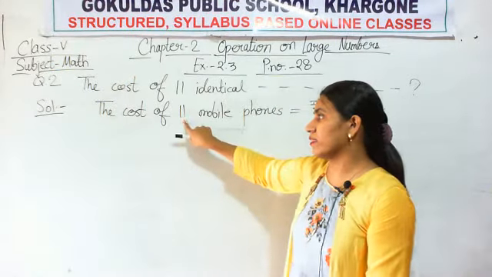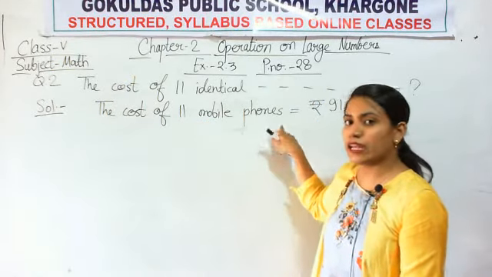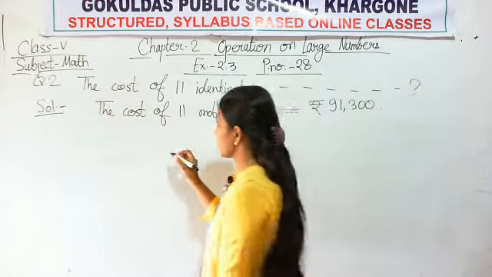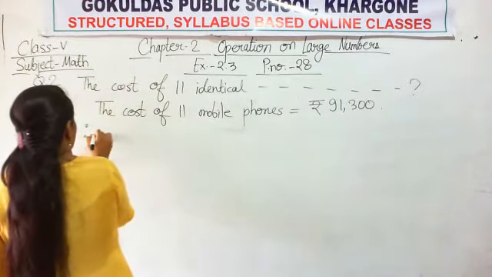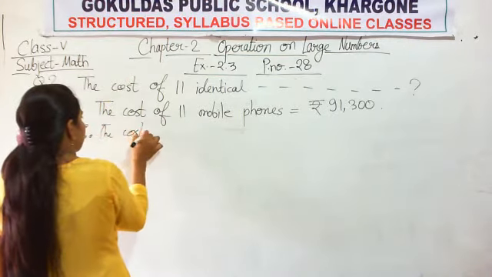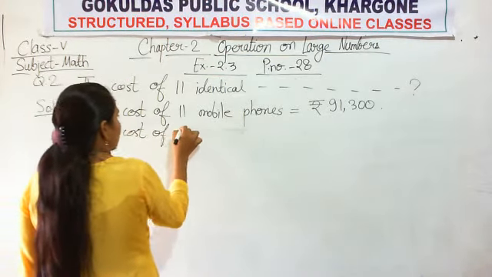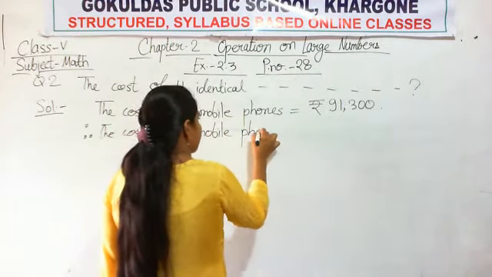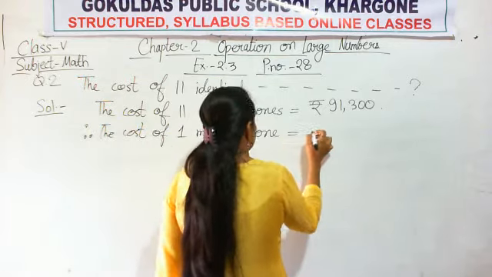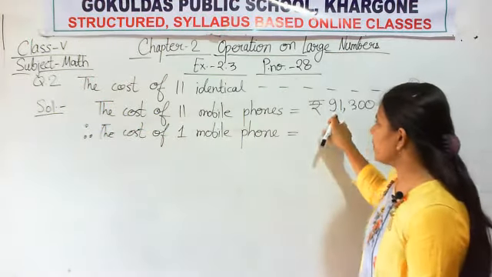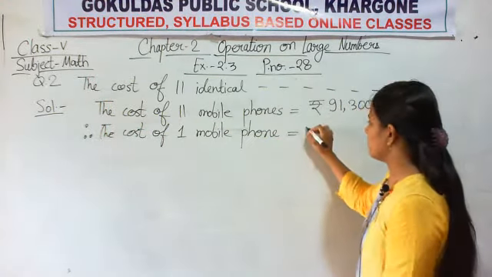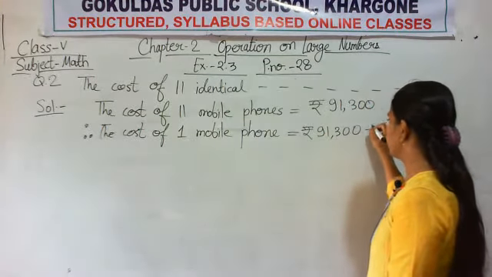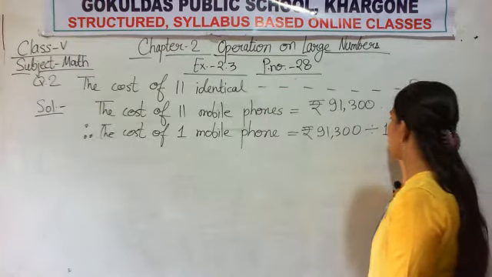So we remember, if the data for a large number is given and it asks for only one, then you have to perform division. Therefore the cost of one mobile phone is, what you will do, you will divide this number by 11. You will divide rupees 91,300 by 11.